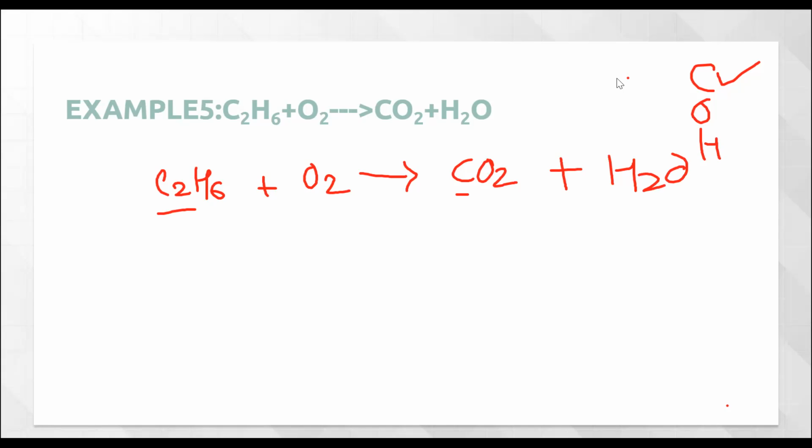Carbon 2, carbon 1. We'll be writing 2 here. Now coming to oxygen. Oxygen here is 4 plus 1, that is 5. There are only 2 oxygen atoms. So here we'll write 5 upon 2. The number of oxygen atoms on the reactant side is 5 and the product side is also 5.